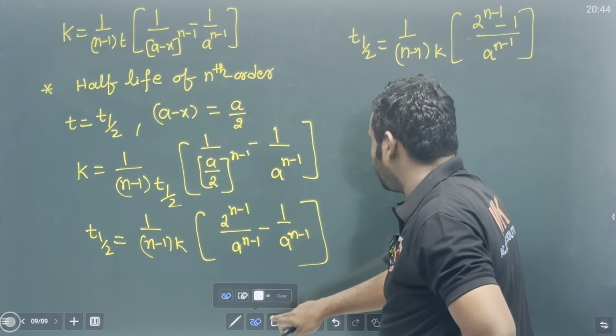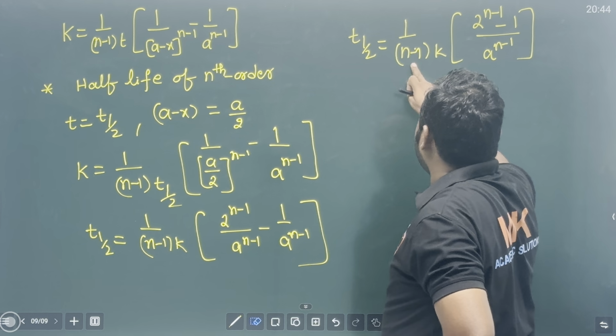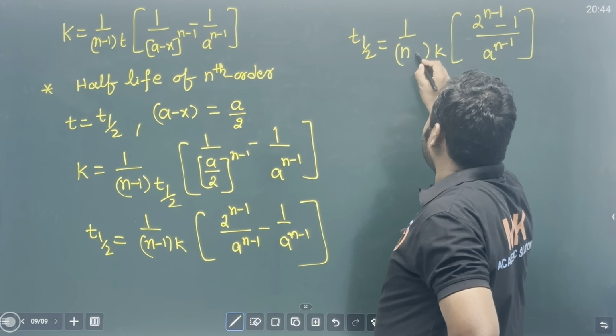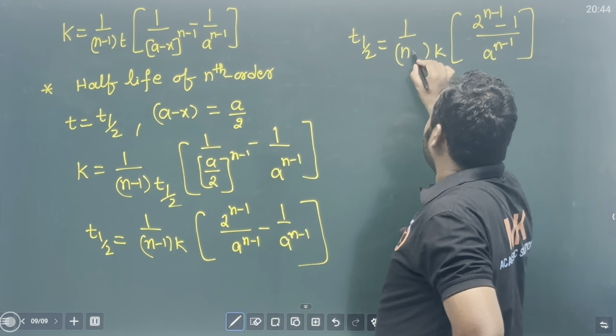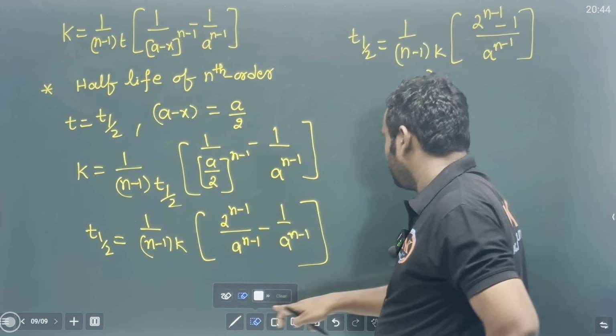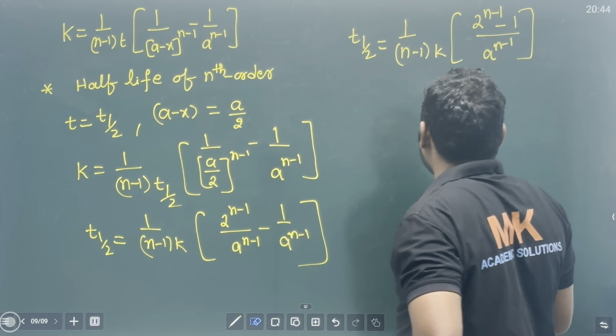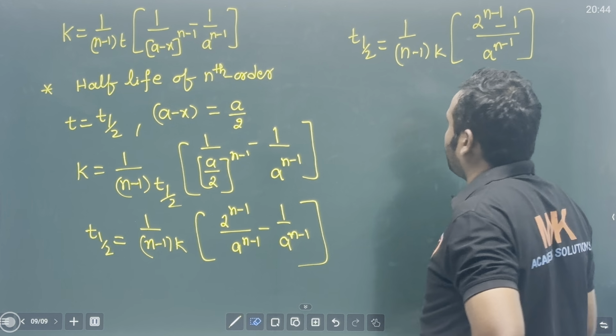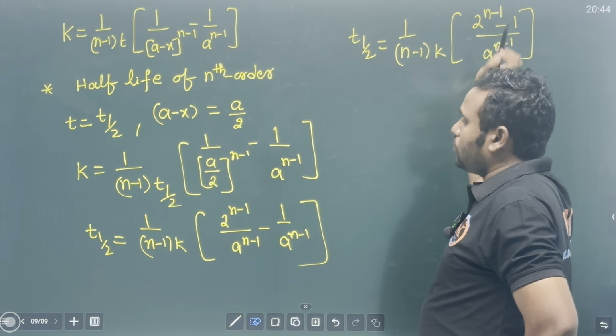Okay, so now here n is constant. Okay, n will become constant here, and minus 1 also will become constant. Minus 1 also will become constant, k also constant, 2 power n minus 1 and this minus 1 also constant, and you remove the total constant.